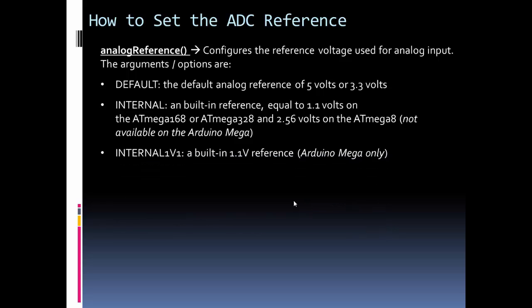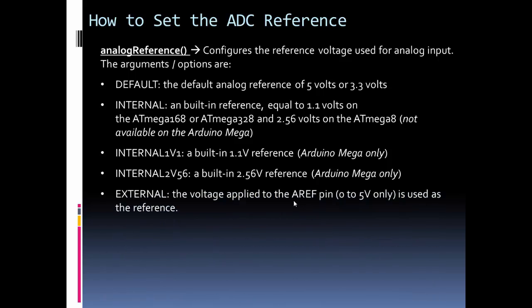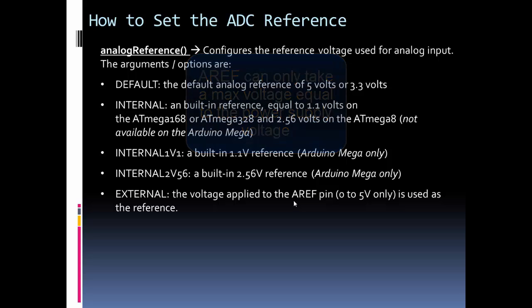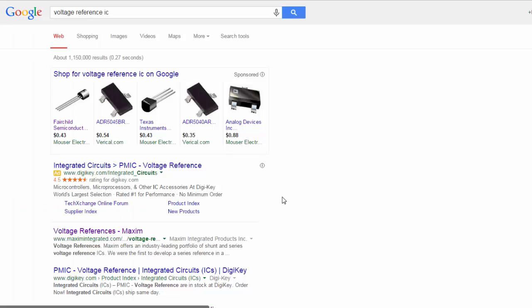Then these 2 are for the Mega, which has multiple internal voltages. And then finally, we can set it to EXTERNAL, which will allow us to use the AREF pin. Of course, the AREF pin can only take a value from 0 to 5 volts, depending on the chip you're using.